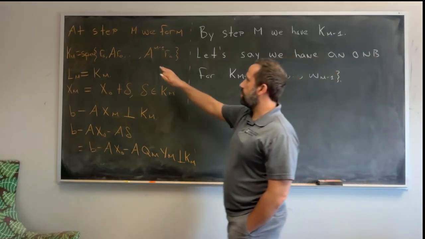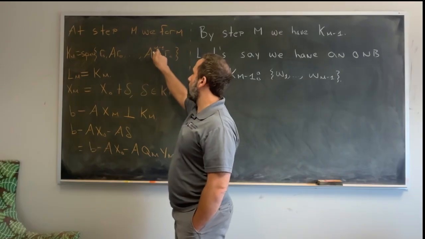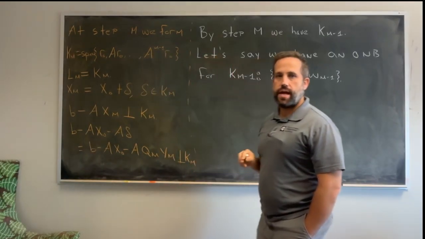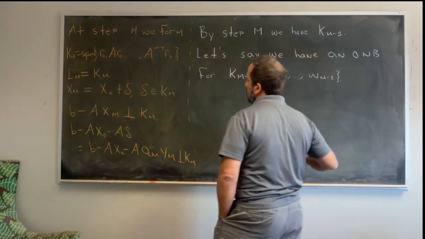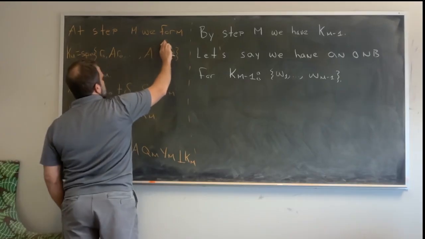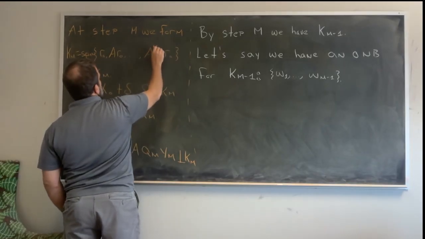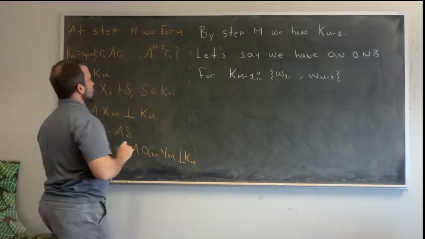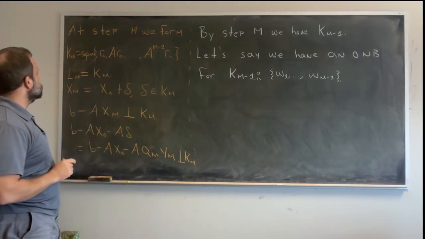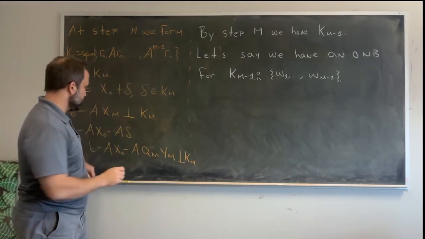I just want to point out this isn't a typo. This should be m minus 1. So this is correct. I'm just erasing it because my 1 looked like it too. Okay, so there are m vectors here.